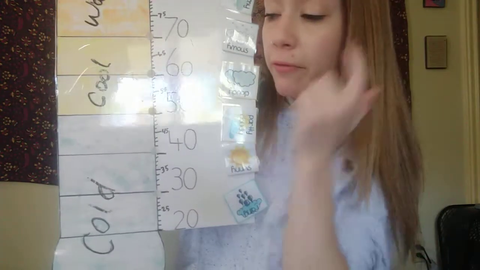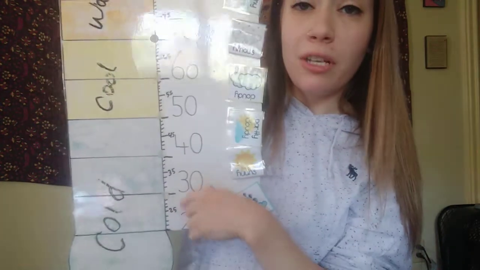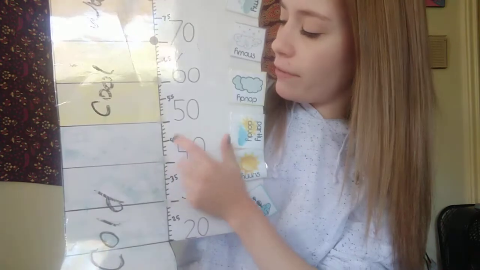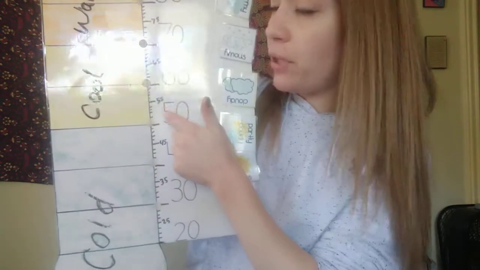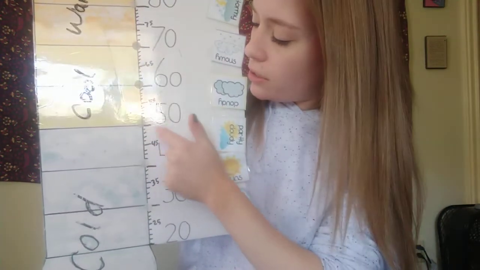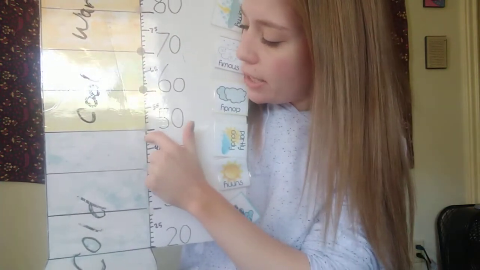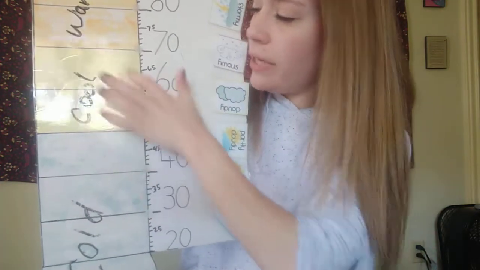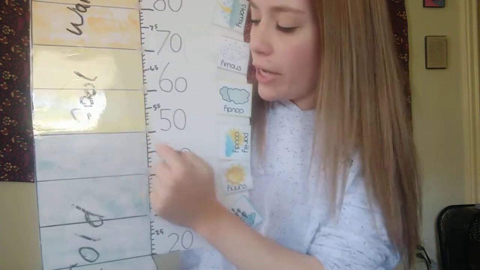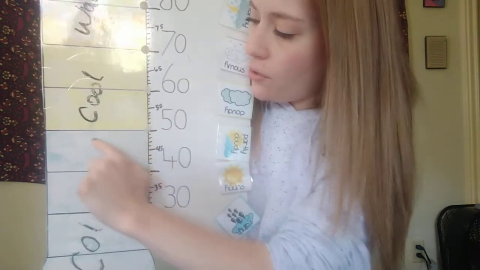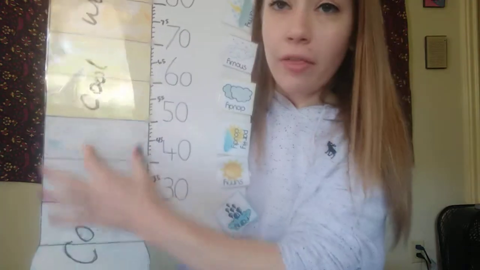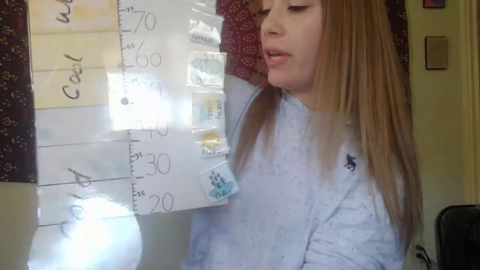So I know that 48 is going to be somewhere in between 45 and 50. It's going to be closer to 50. So 46, 47, 48. It's very close to that cool temperature range, but as you can see, we are still in that cold temperature range. So our low of 48 degrees Fahrenheit will be cold.